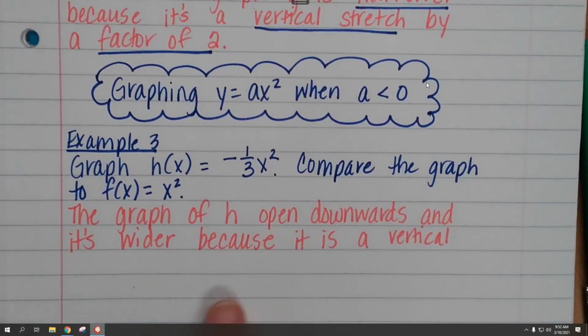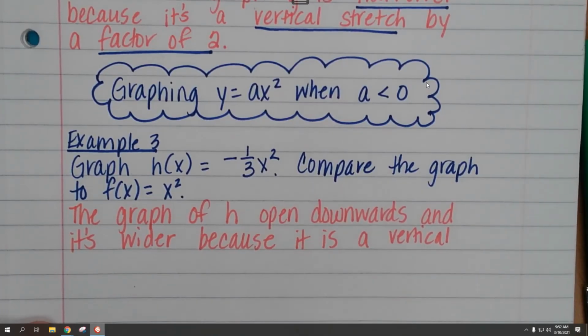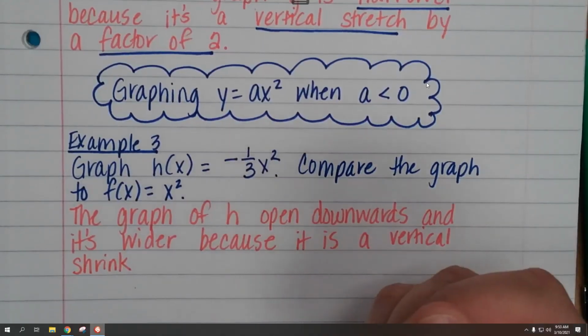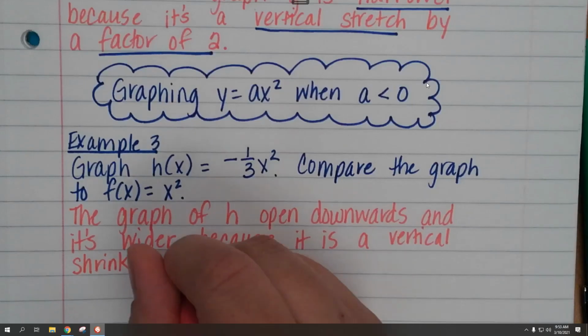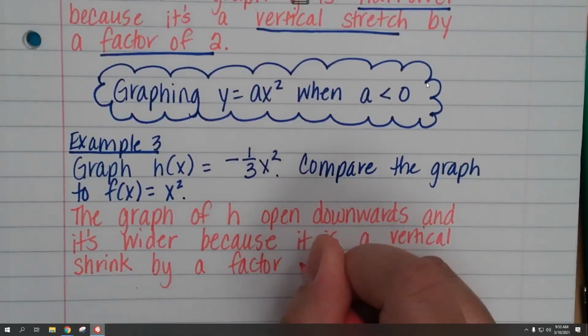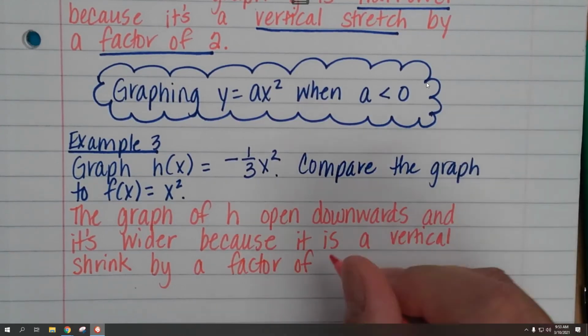Okay, so the graph of h opens downwards and it's wider because it is a vertical shrink by a factor of 1/3.